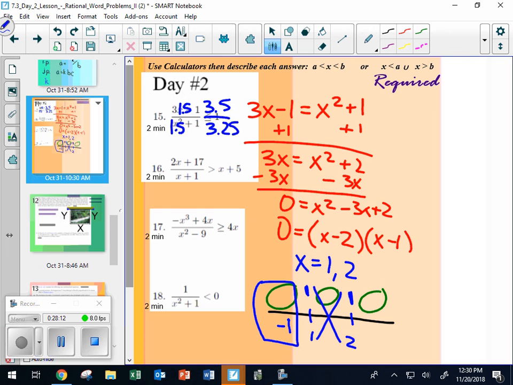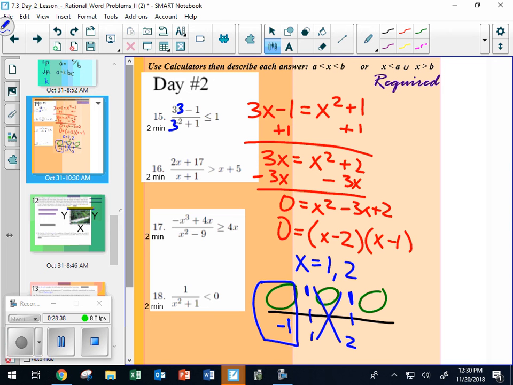All right, now we need a value that is greater than 2, so let's use 3. If we use 3 here, we have 3 times 3, 9, minus 1, 8. 3 squared plus 1. Are we going to get a number that is greater than, equal to, or less than 1? Take a few seconds, work this one out, and decide.